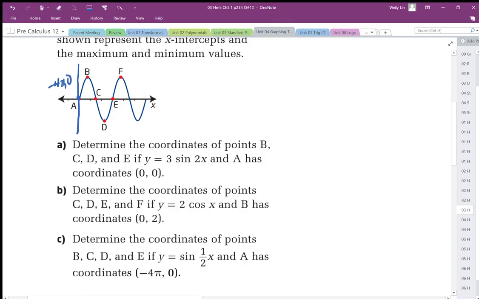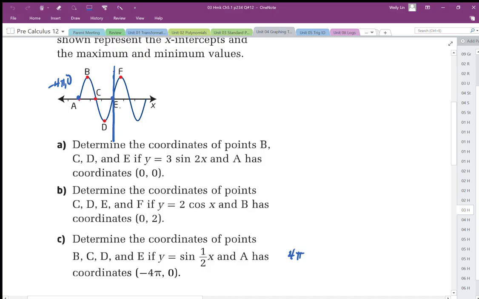And the period is going to be based on that k value, so it's a horizontal expansion. So 4 pi represents the period. So then one period is from A to E. And if that's one period, this must be plus 4 pi, which gets us back to 0.